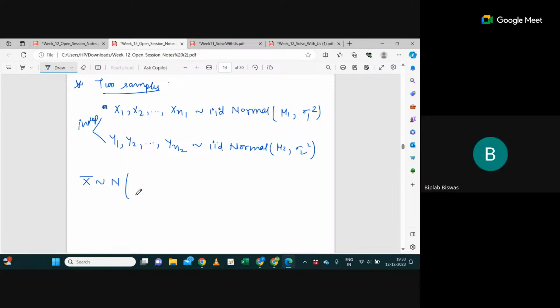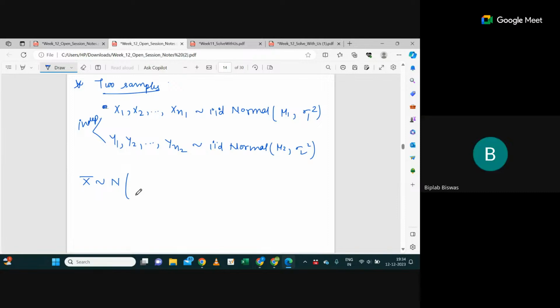If x1, x2, xn are IID normal mu comma sigma square, the expected value of x bar is mu.